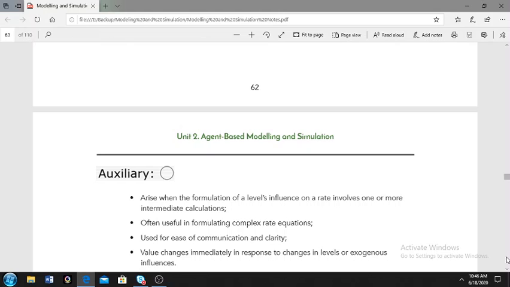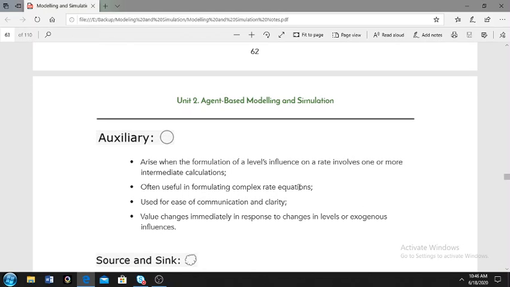Now, what are auxiliaries? Auxiliaries arise when the formulation of a level's influence on a rate involves one or more intermediate calculations, often useful in formulating complex equations, and used for ease of communication and clarity.